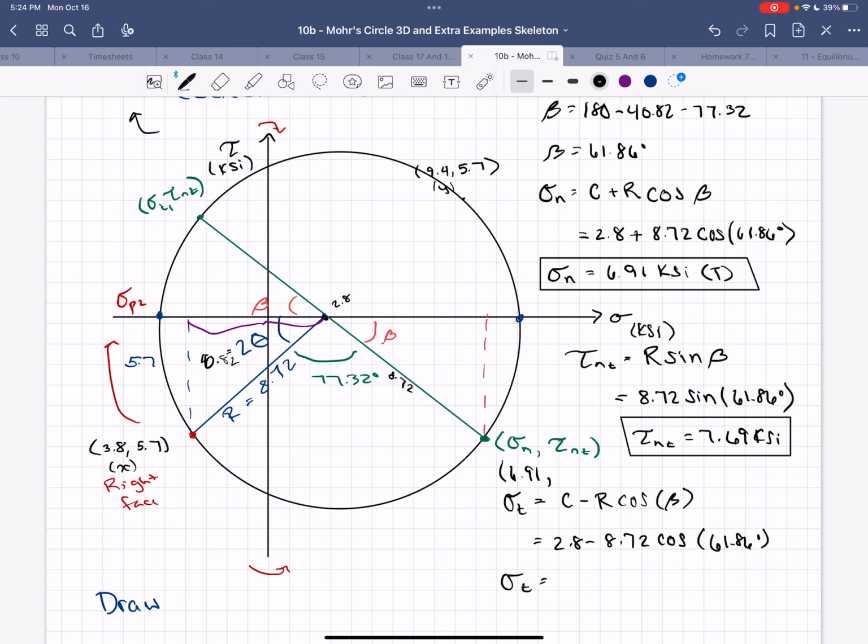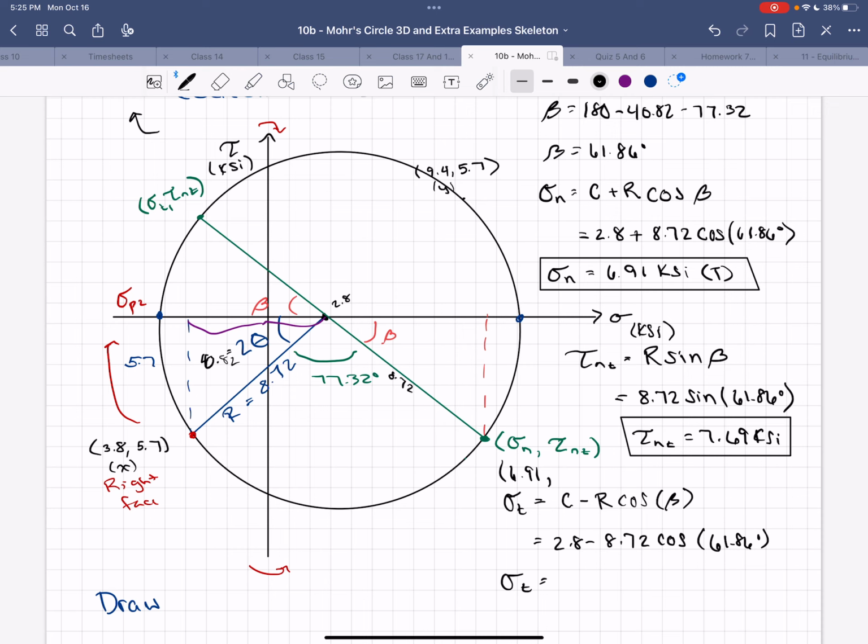Sigma t equals, let me calculate this really fast, 2.8 minus 8.72 times cosine of 61.86.